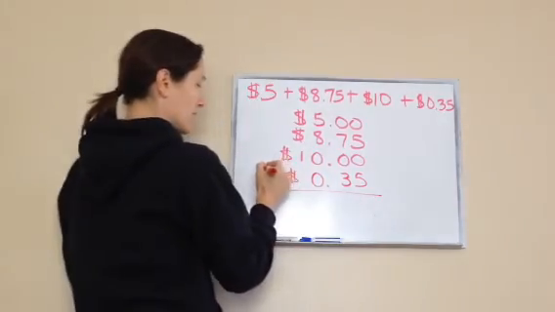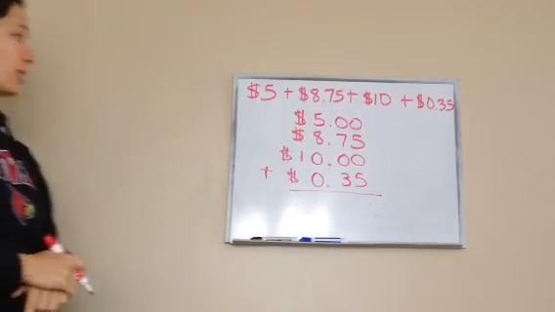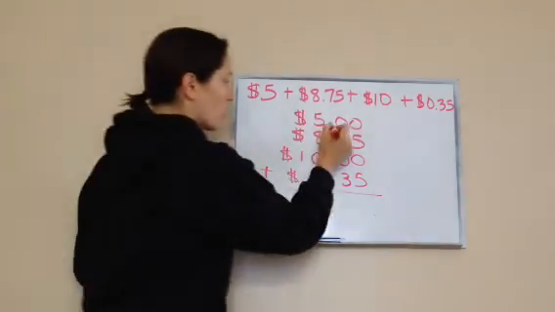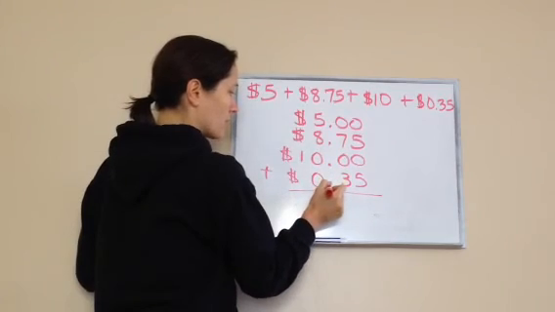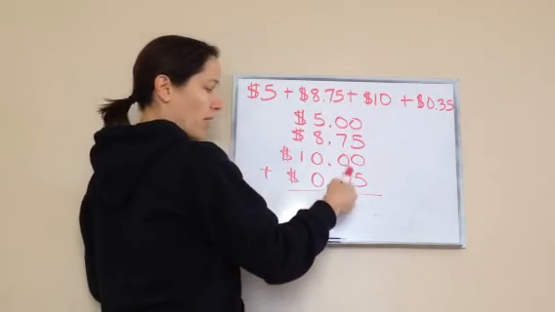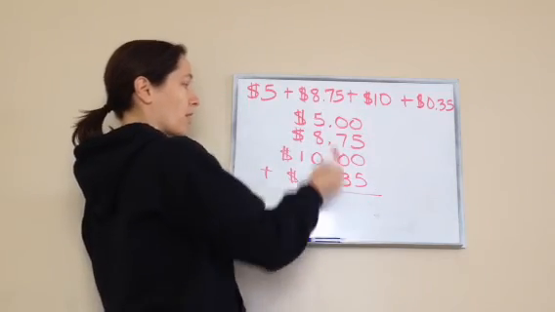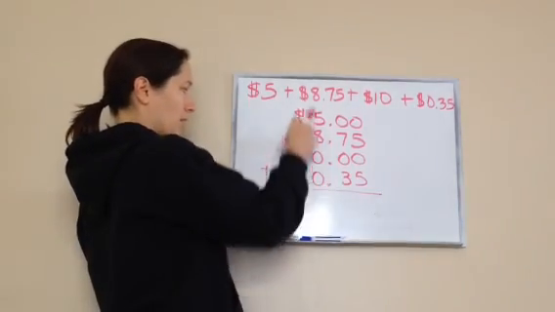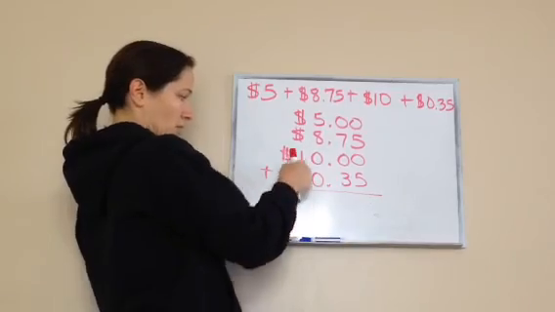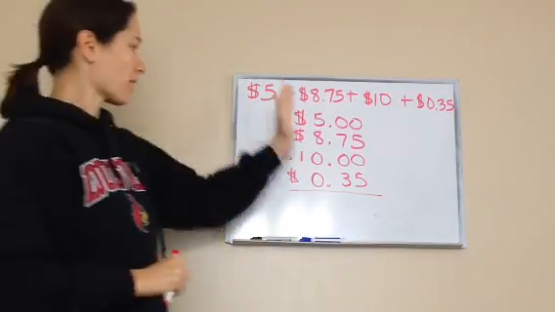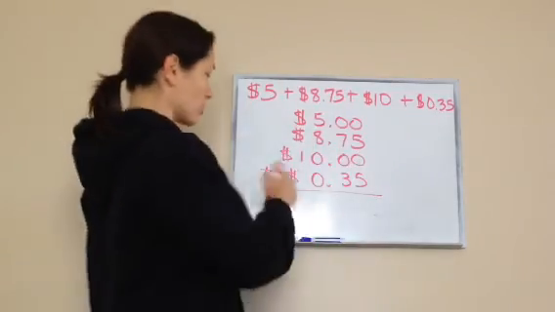Okay, this is what your paper should look like. Okay, all of my decimals are lined up. All my tenths spots are lined up, which you'll learn about later, and all my hundredths spots are lined up, which you'll learn about later. All my ones are lined up, and all my tens spots are lined up, okay? So everything's lined up just like it should be, and then you just add.